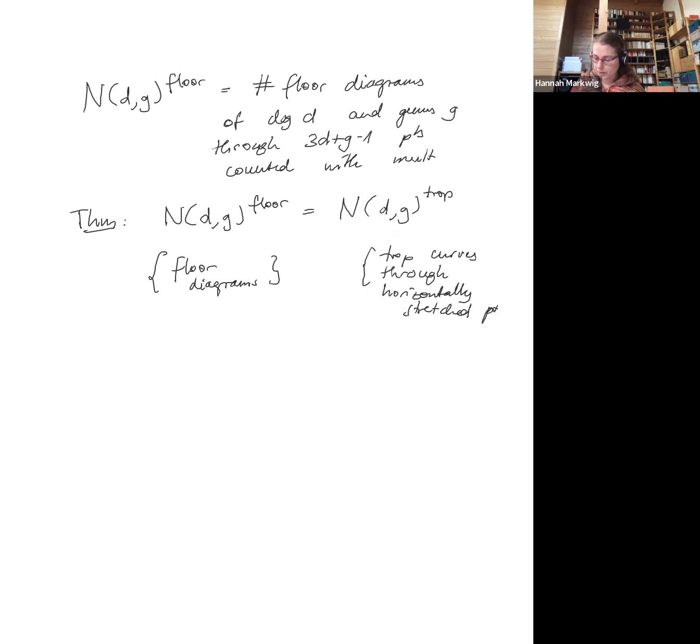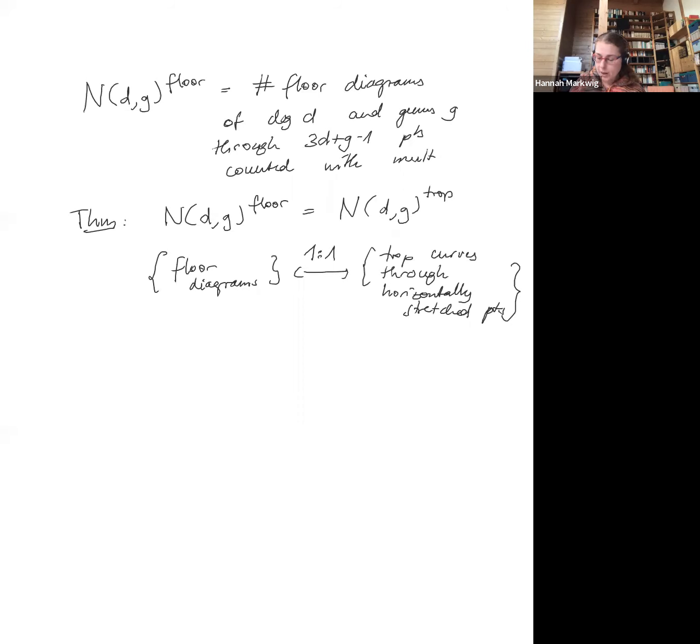Through horizontally stretched points, I claim there's a bijection between those sets, and the bijection would then explain the equality. When I say bijection, to be precise, it's sort of a weighted bijection, because we count things on the right-hand side with multiplicity and we count things on the left-hand side also with multiplicity, but the multiplicity coincides and then the numbers coincide. So once we know this is a bijection, we are really all set.